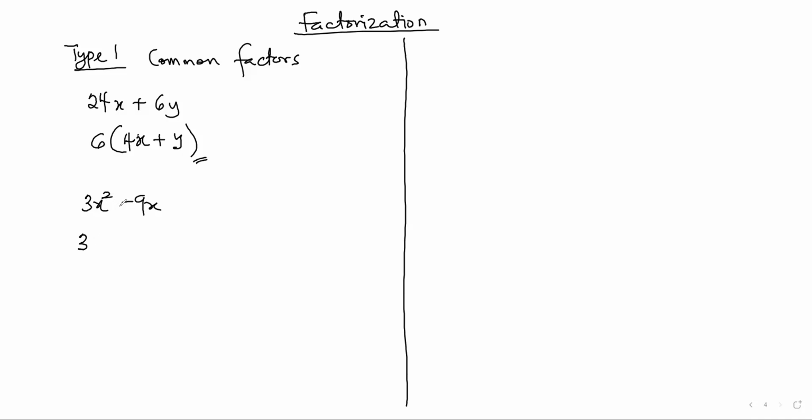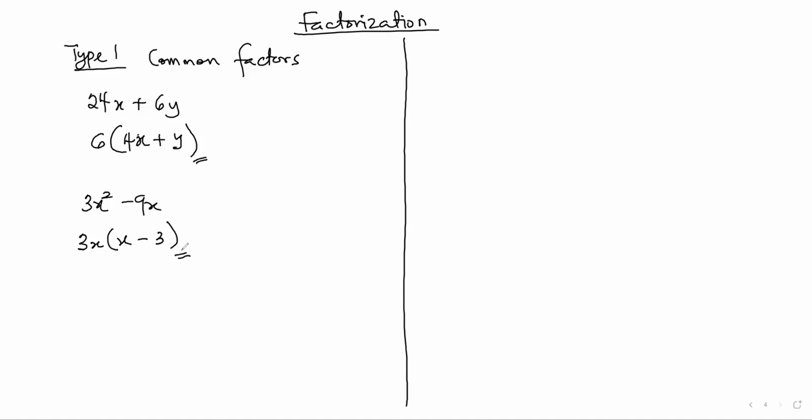If we have x squared and x, you see that x is common to both. Then you now bring it to bracket. Now 3x times what will give me 3x squared is x. Then minus 3x times what will give me 9x is 3. So we are finished.